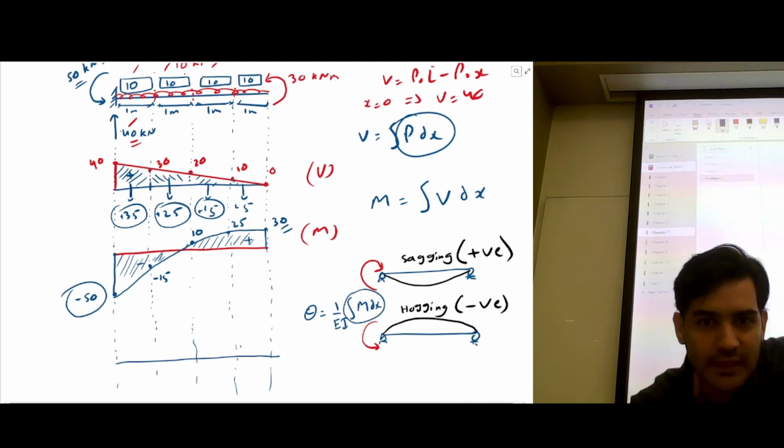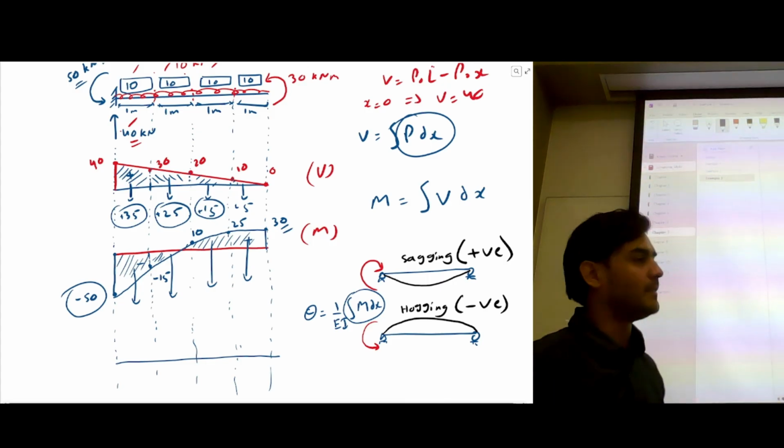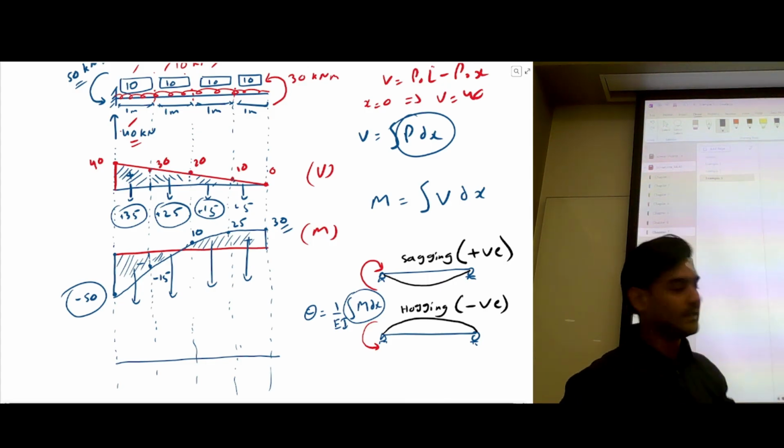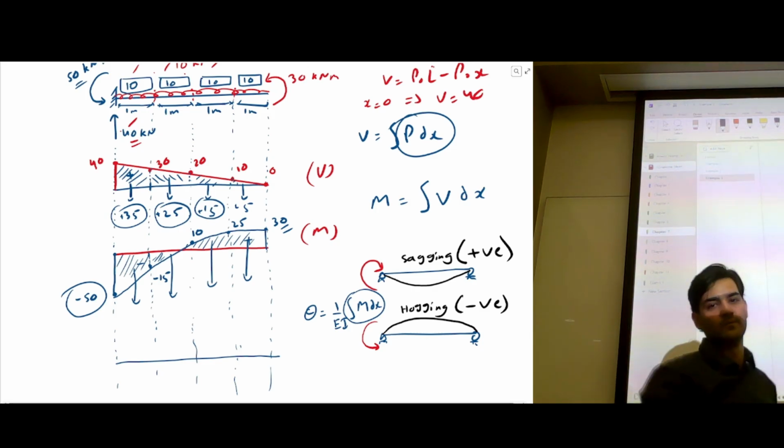So same process, we're going to calculate the areas, and then we're going to use these areas to draw the bending angle. So what I want you guys to do is calculate this area here and these areas and let me know the values of these areas.